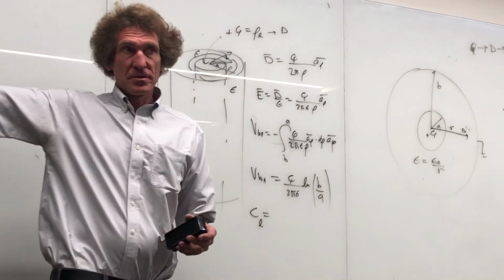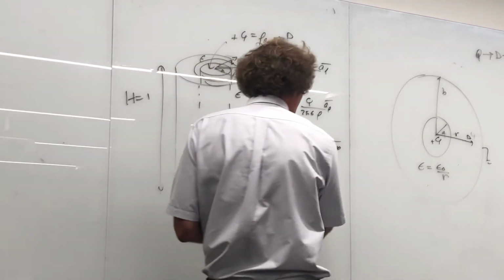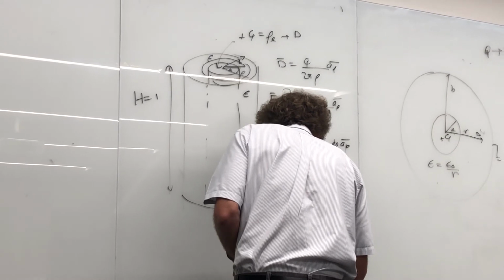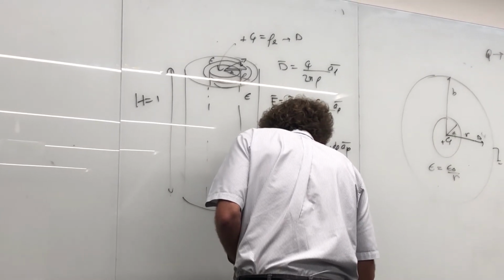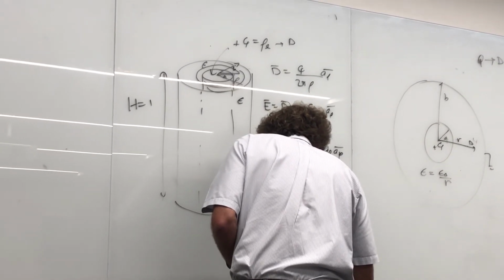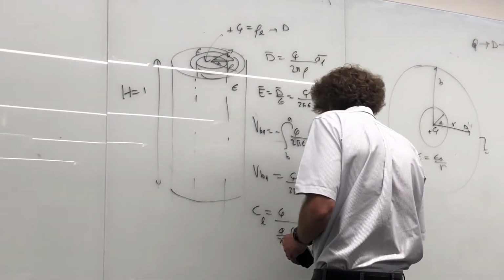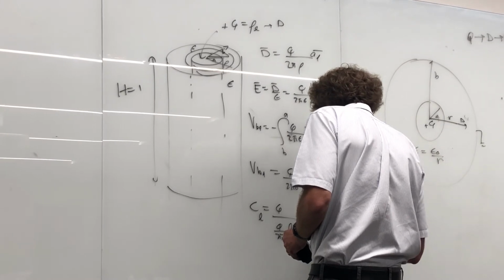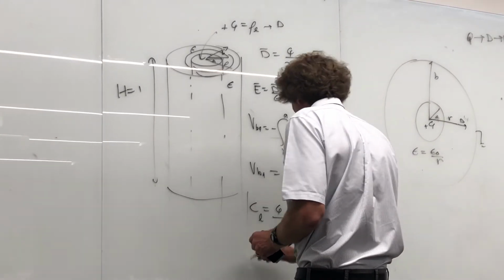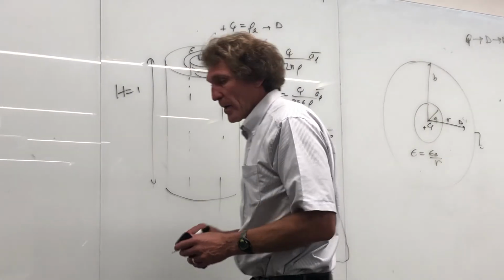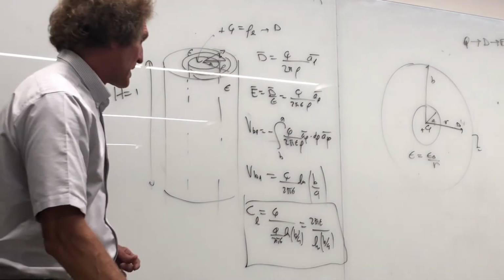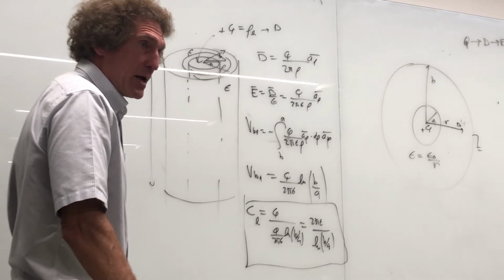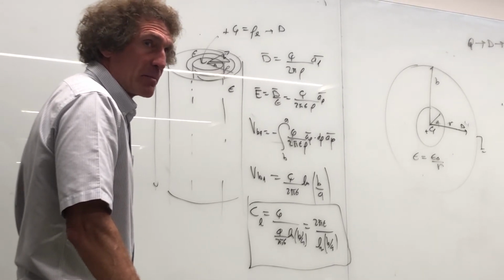Capacitance is charge over voltage, so I divide charge by this, and you can see the Q's cancel. I get simply 2 pi epsilon over the natural log of b over a. That's the capacitance per unit length of a coaxial cable of inner radius a, outer radius b. But it is per unit length, remember that.